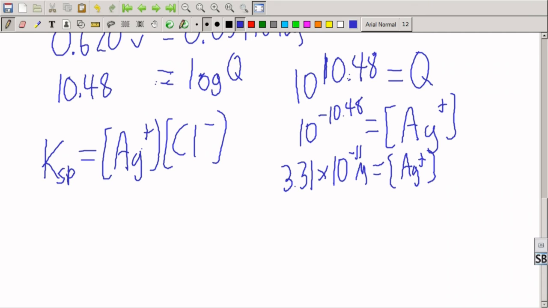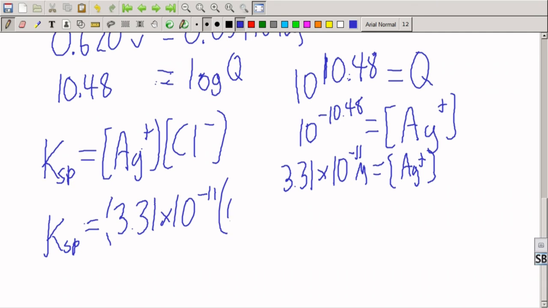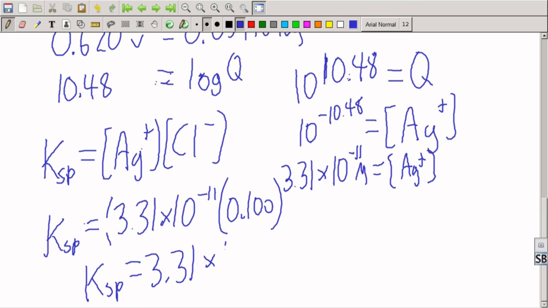And so in this particular case, that's going to be equal to 3.31 times 10 to the negative 11th times 0.1. Because that's what the chloride ion is given to us. And so that's going to give us a KSP of 3.31 times 10 to the negative 12th. There you go.